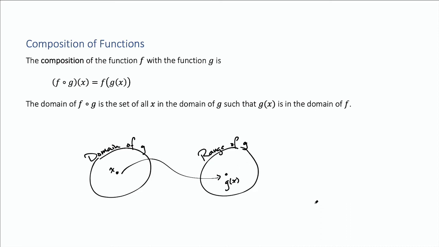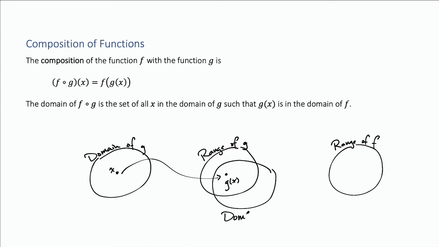But we also have a function f, and the function f is going to take points and send them somewhere. I'm going to call this the range of f. Now, the domain of f will overlap, hopefully, with the range of g. So I'm going to draw that like this. This is going to be the domain of f, and the things here we send across.